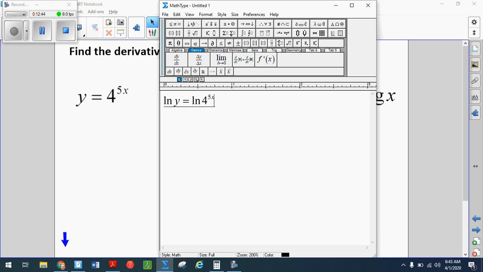So natural log y equals natural log 4 to the 5x. So take the derivative of both sides. And I guess actually before we did that, we could say natural log 4 to the 5x is the same thing as 5x times natural log 4.